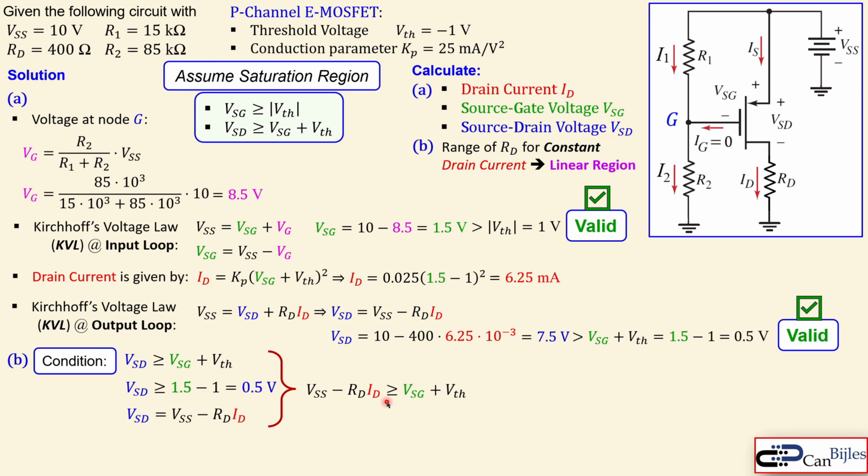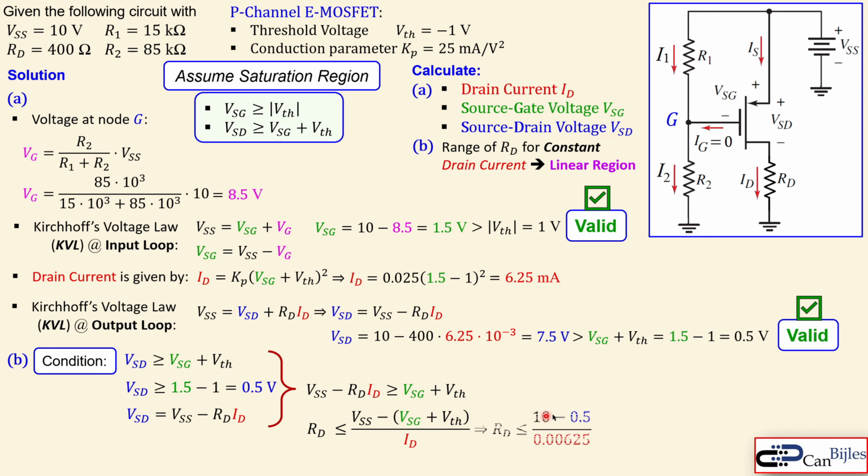And if I now rewrite this such that I have the RD here, that is the expression now. So that means the RD must be smaller or equal to this expression. So it has a maximum allowed value.